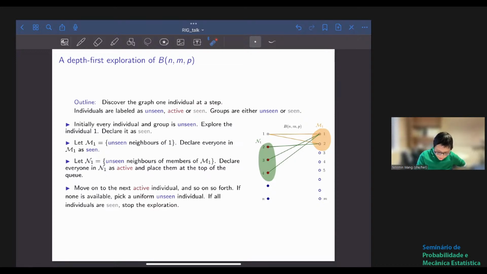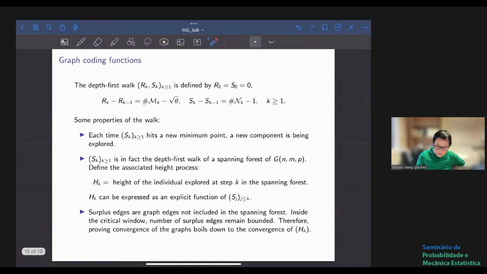From this exploration, we immediately have a pair of random walks. I call them the depth first walk. It's a two-dimensional discrete time stochastic process, (R_k, S_k), and they both start from 0. The increment of R_k at time k is given by the size of the neighborhood of the individual explored at step k, on the group side.